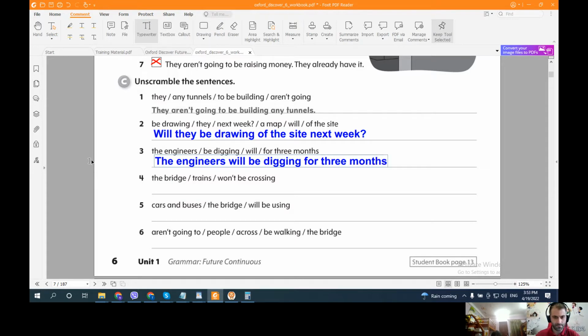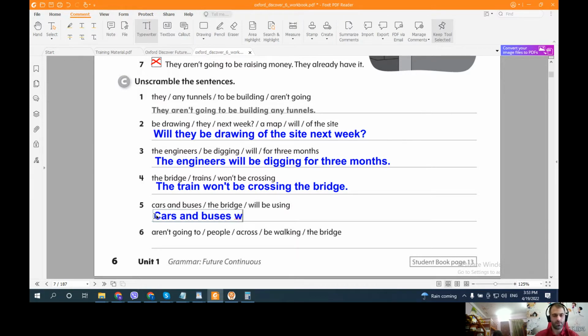The bridge, the trains will be crossing the bridge. Won't be crossing the bridge. Okay, number 5. Cars and buses will be using the bridge.